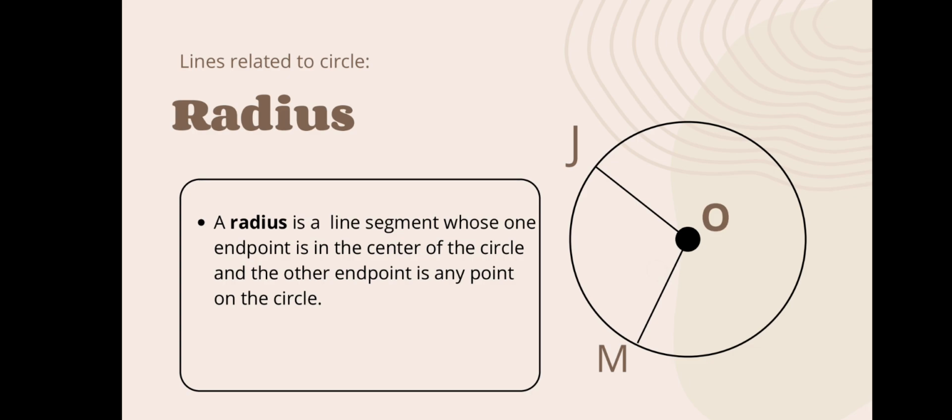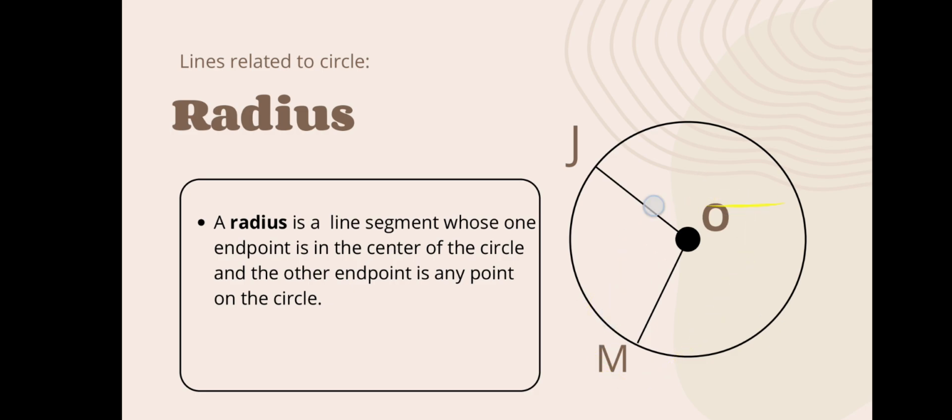So here, the radius is a line segment that starts from here in the center going to any point of the circle. And in naming a radius, you start in the center going to any point of the circle. So the first radius is going to name that the line segment OJ and the next one is OM.